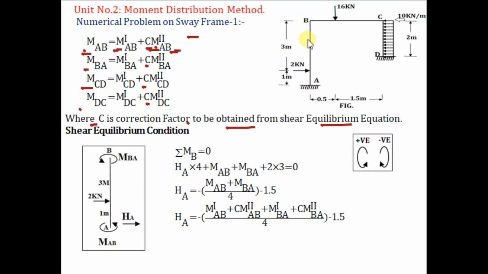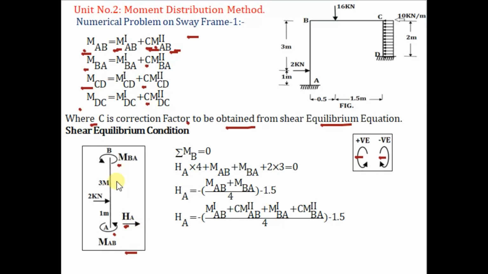Now let's consider column AB FBD, and consider anti-clockwise moment positive, clockwise moment negative. Now consider here at B an assumed anti-clockwise moment MBA, and for column AB at end A consider the end moment MAB as anti-clockwise.